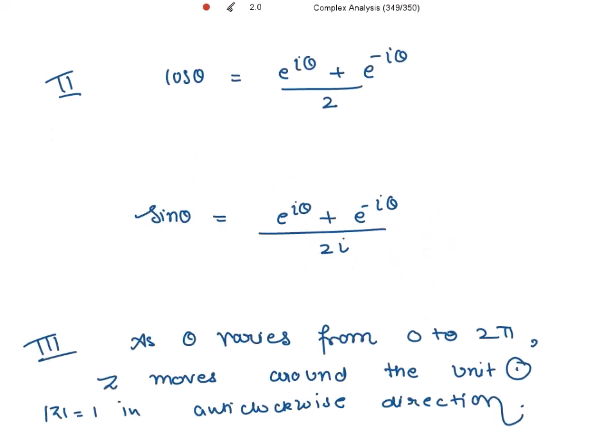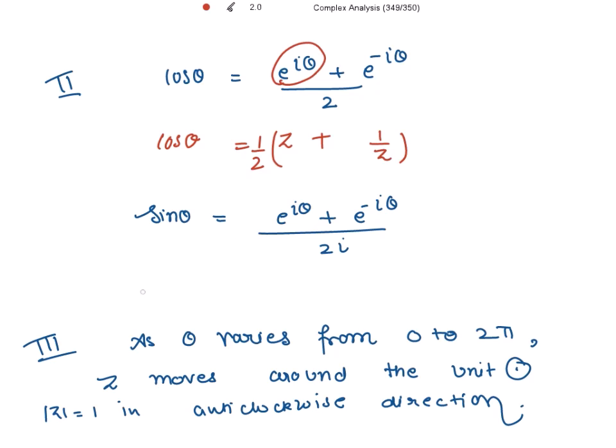Second, we know that cos theta is e to the power iota theta plus e to the power minus iota theta divided by 2. So this can be further written as z plus z inverse, that is 1 by z, and taking 1 by 2 outside of the bracket, we have cos theta equal to 1 by 2 into z plus 1 by z.